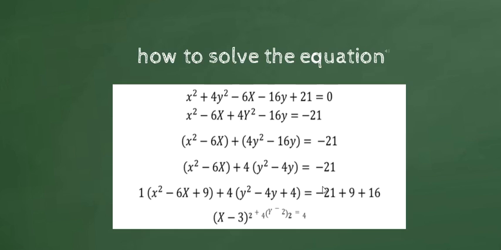Now we factor each trinomial to the perfect square. Inside the parentheses are two terms, the square root of x squared and the square root of 9, and between terms the sign of the second term. We will repeat this in the second case.